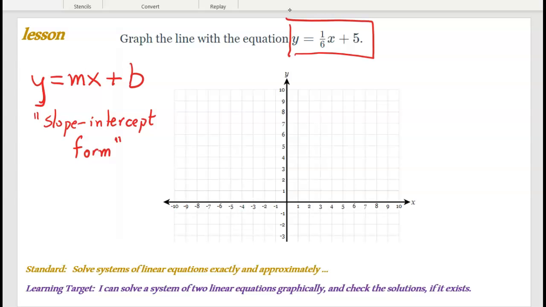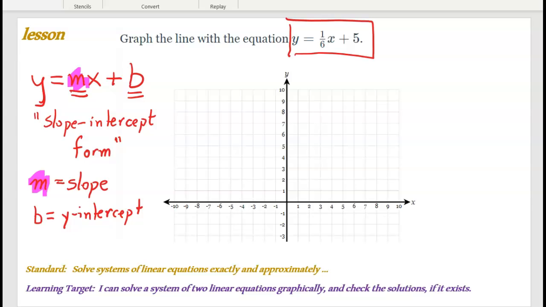There's more than one equation for a line, but this is called slope-intercept because m, this number, is called the slope, and b, the constant, is called the y-intercept.